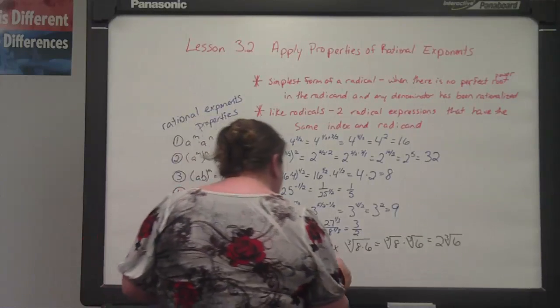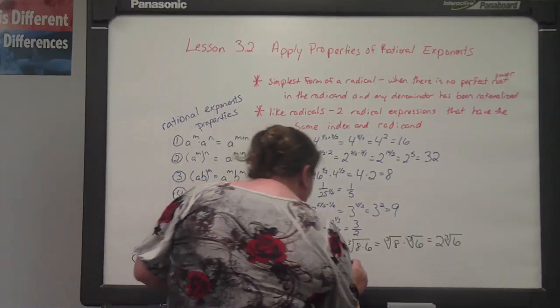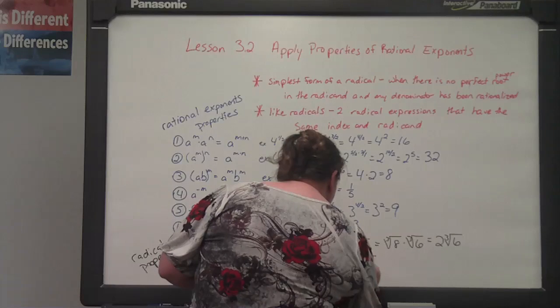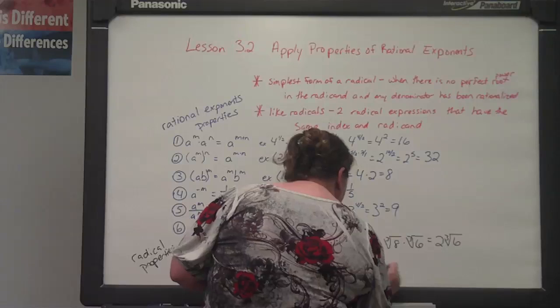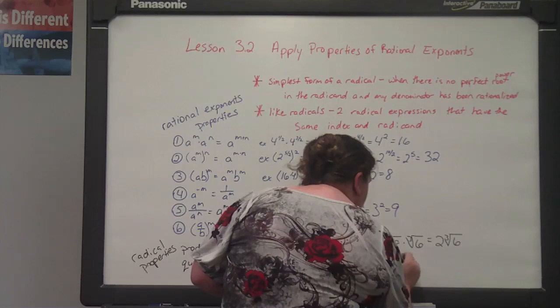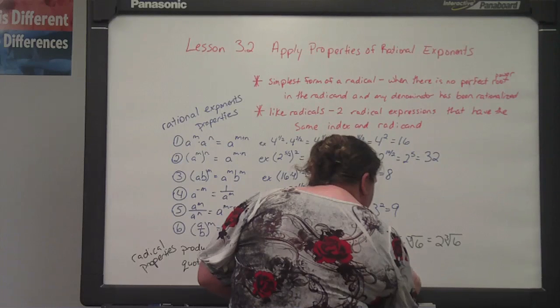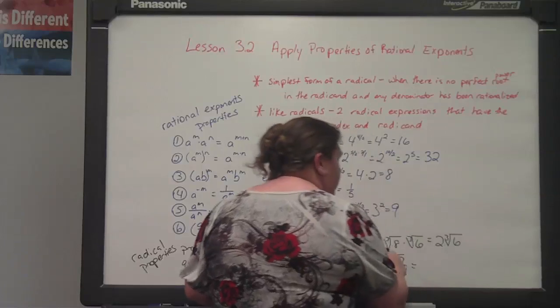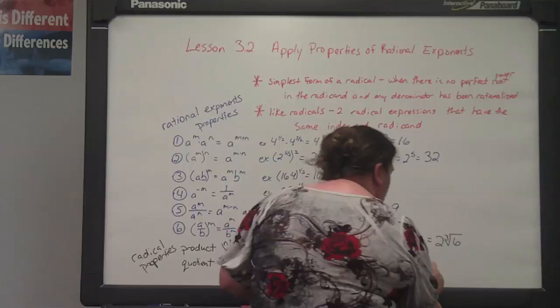So again, I have an example, and this example is the cube root of 27 over 64. So we can rewrite this as the cube root of 27 over the cube root of 64. The cube root of 27 is 3, and the cube root of 64 is 4.